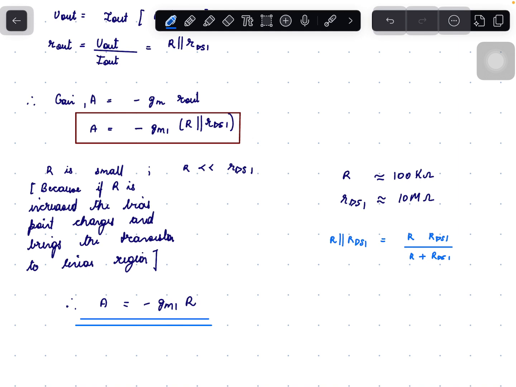Here we can say that R plus RDS1 is approximately equal to RDS1 since R is very small compared to RDS1. So I can say R into RDS1 divided by RDS1. Cancelling this, R parallel RDS1 can be approximated to be equal to R. So the gain of the common source amplifier with resistive load is given by minus gm1 times R.